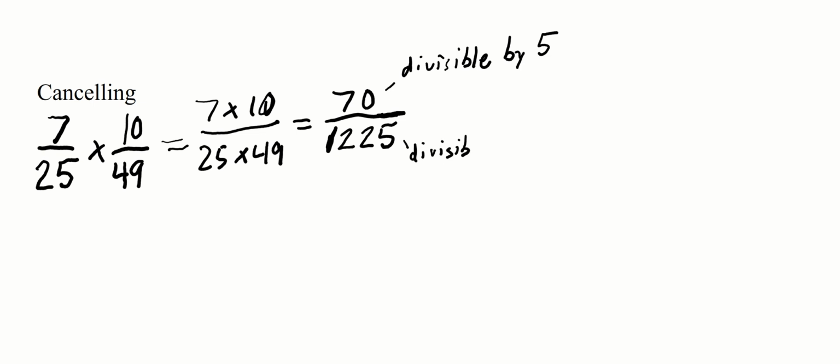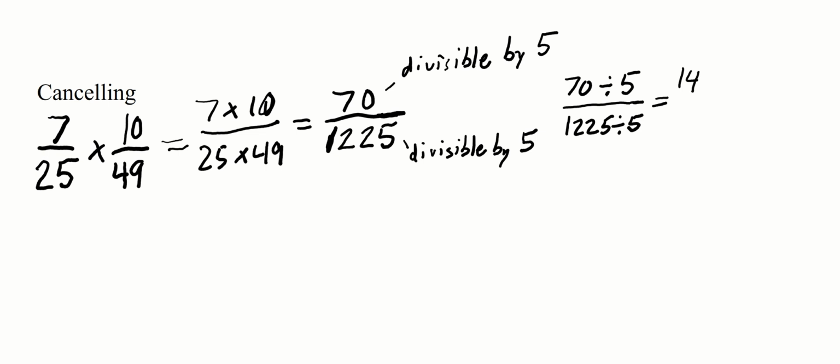So 70 divided by 5 is going to be equal to 14, and 1,225 divided by 5 is equal to 245.